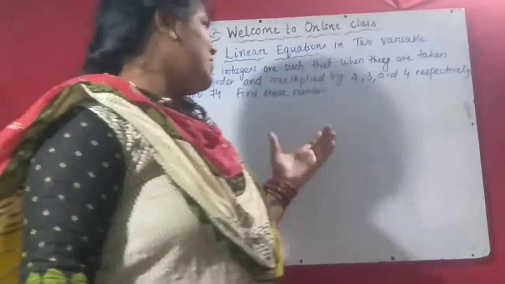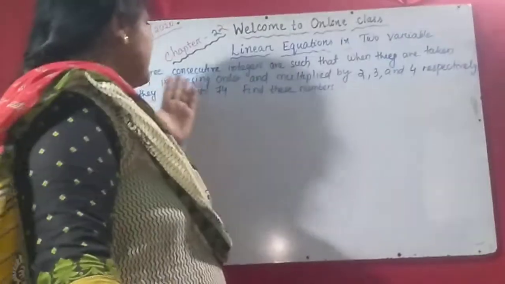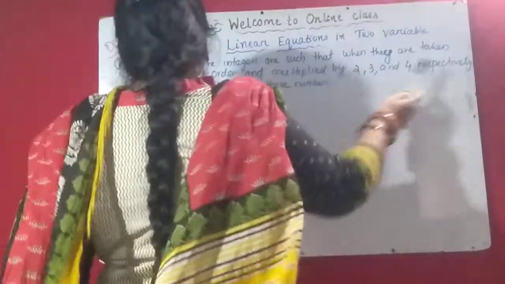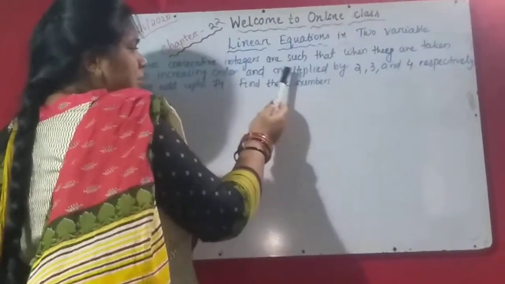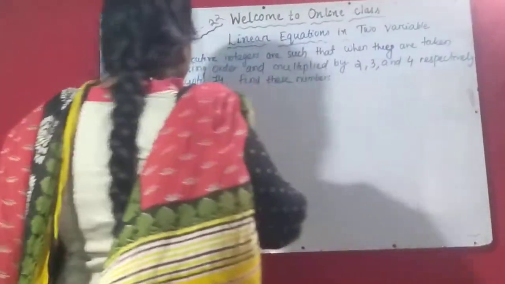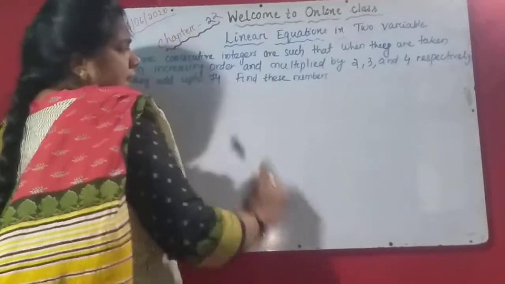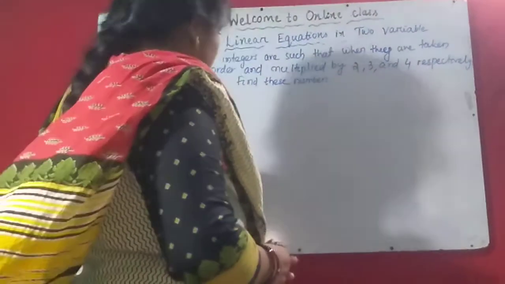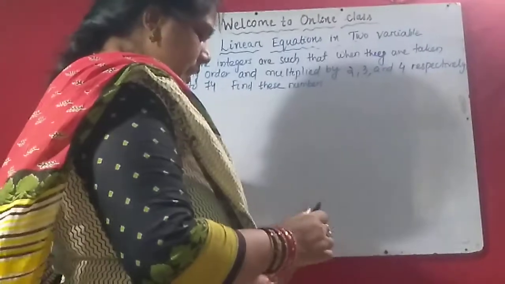The next question: three consecutive integers are such that when they are taken in increasing order and multiplied by 2, 3 and 4 respectively, they add up to 74. Find these numbers. When we try to solve a question, you must not read it speedily like a mail express.